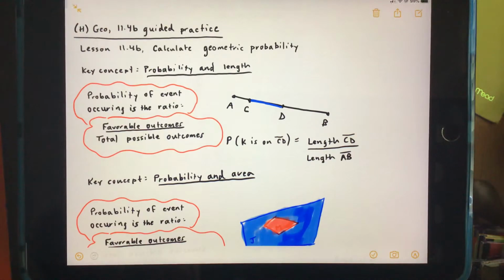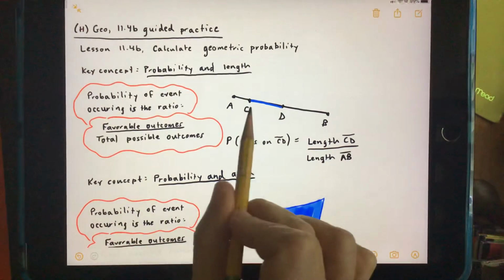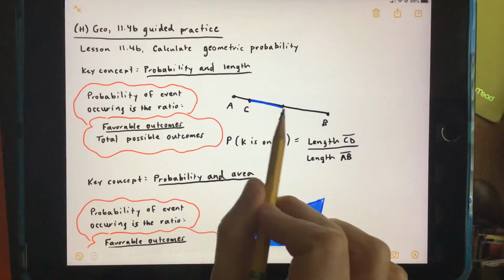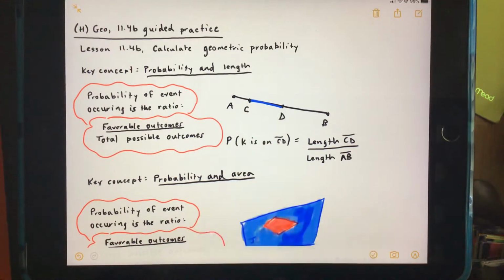So for our number line here, we're looking to figure out the likelihood, or probability, that a random point will land in the blue section on our number line, CD. What is the likelihood of a random point happening somewhere in this segment when the point could be anywhere on this segment from A to B?